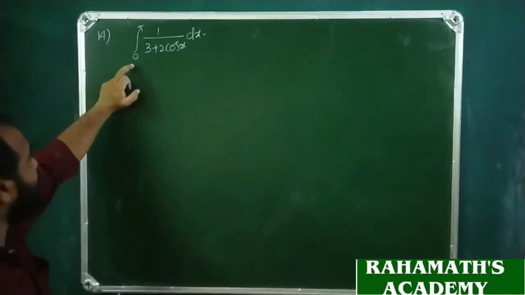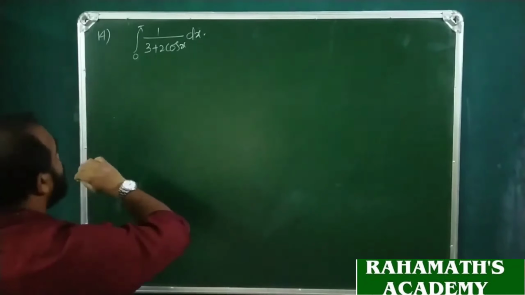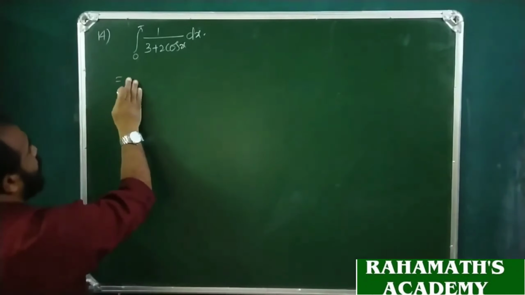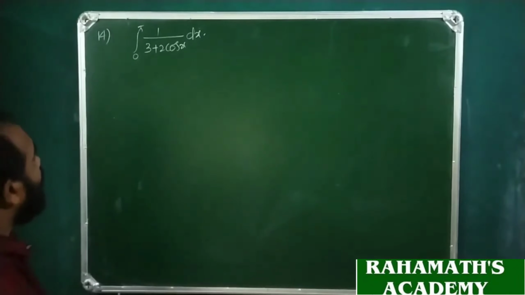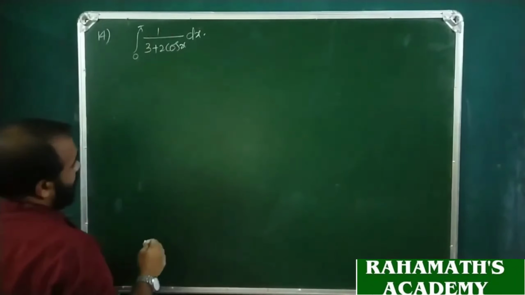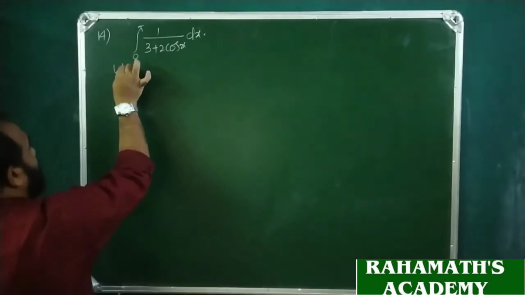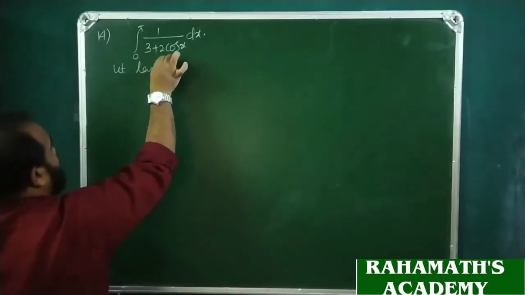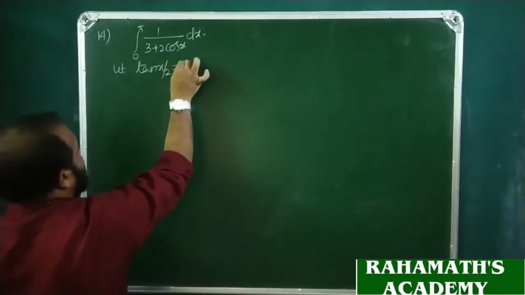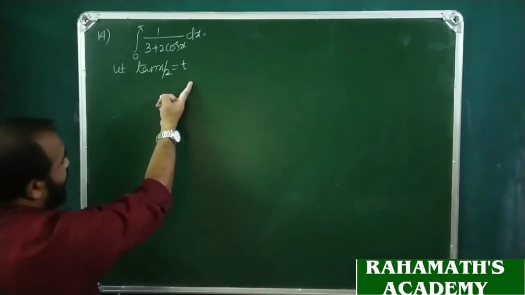So the 14th question is integral 0 to pi of 1 by 3 plus 2 cos x dx. So how do we do this? Integral 1 by... trigonometric functions are there. The last problem also we have dealt with. So let tan x by 2 be equal to t. So secant square x by 2 into 1 by 2 dx is equal to dt.